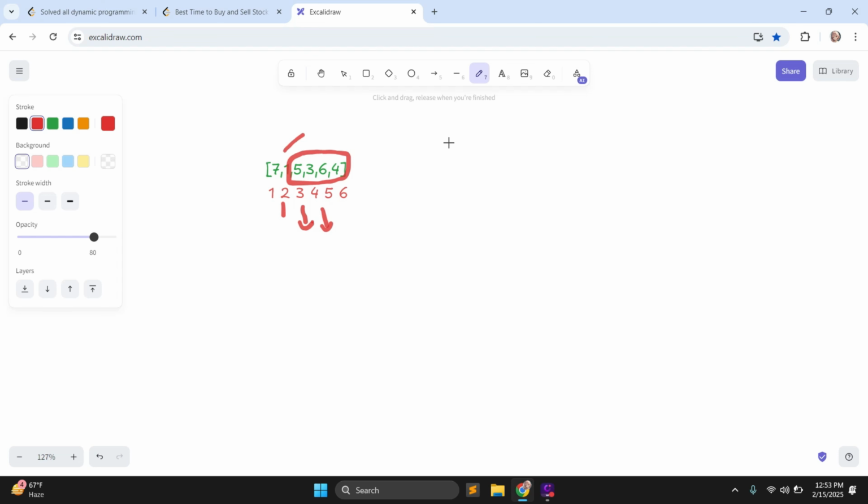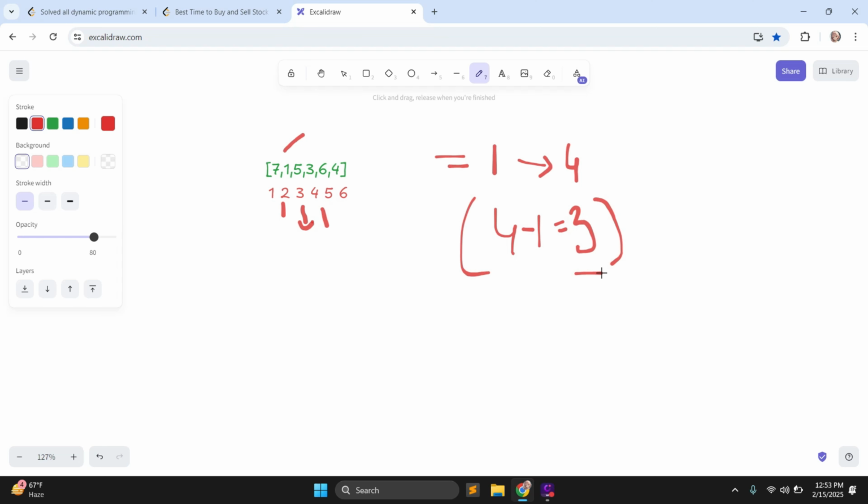Now the profit I will get is the difference between them. Like if I buy the stock on the second index, the price of the stock is 1, and I sell it on the sixth index, the price will be 4. So the maximum profit I will get is 4 minus 1 equals 3. So I have to maximize this profit.